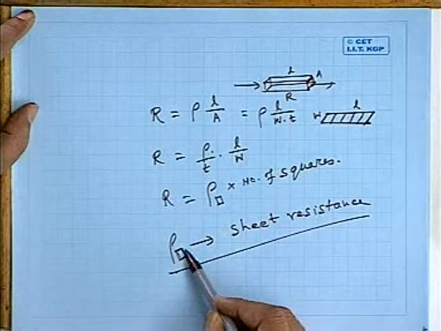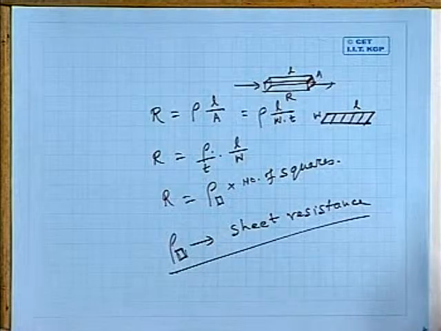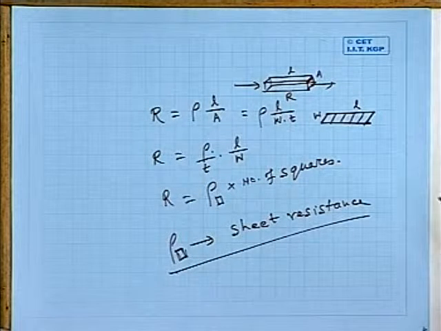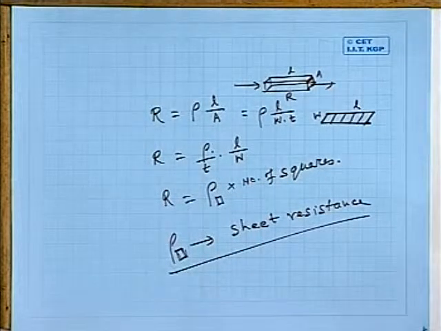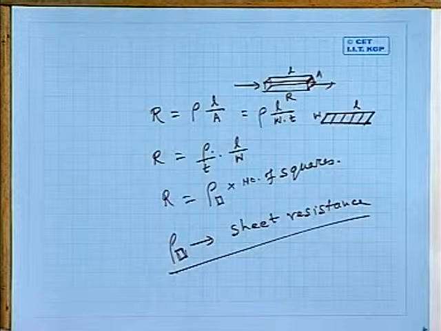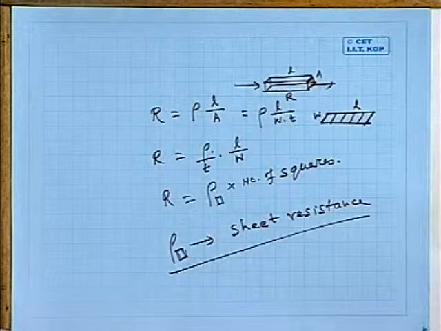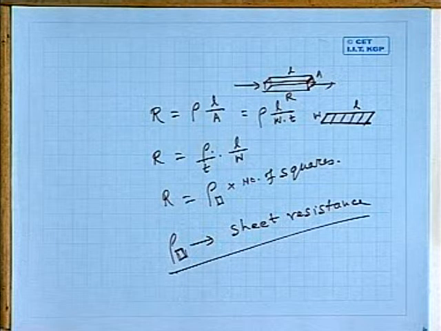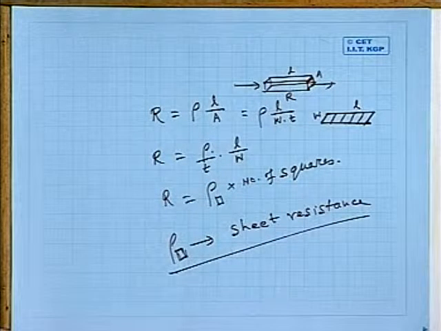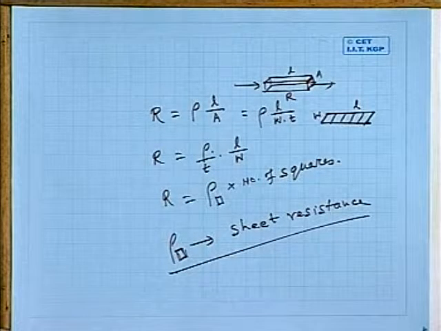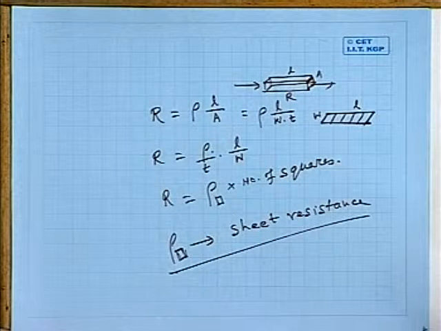So the rho square or sheet resistance is one important parameter of any diffuse layer. Always the T value is not measured, because it is very difficult to measure the junction depth. It involves some rigorous process. So in order to avoid the measurement of T, the sheet resistance from the surface of the silicon diffuse region can be measured by using the 4-point probe resistivity instrument meter.